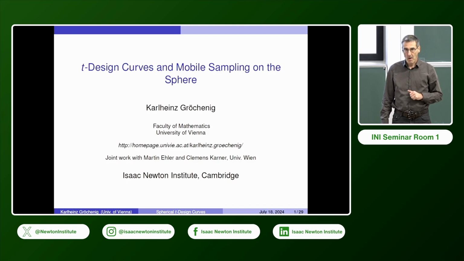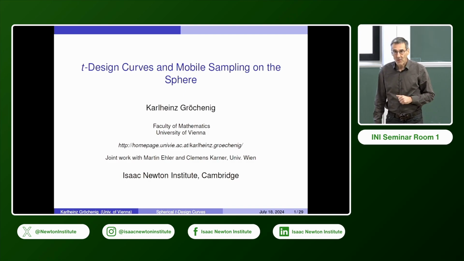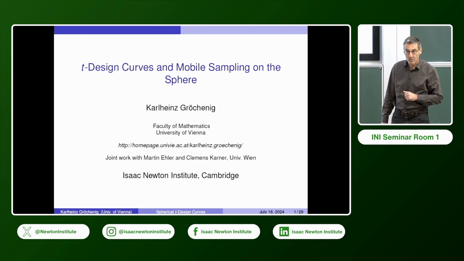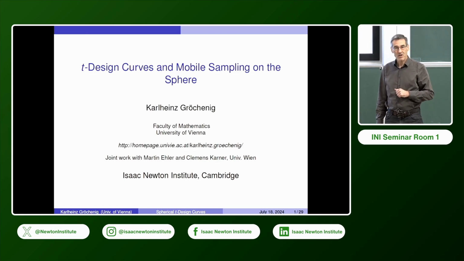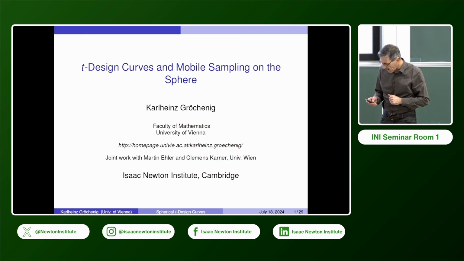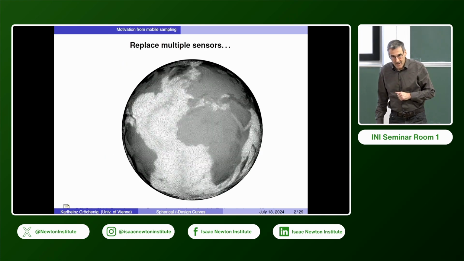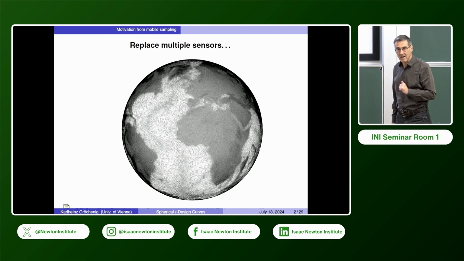So it fits. We have heard several times during this week already that measurements are expensive. I would say measurement devices may be expensive, and perhaps the first idea to replace many sensors or measurement devices by one was proposed many years ago by Martin Vetterli.